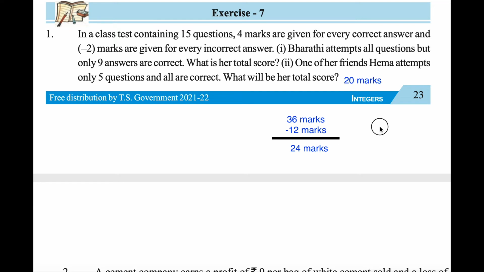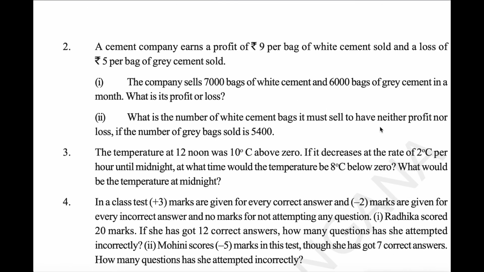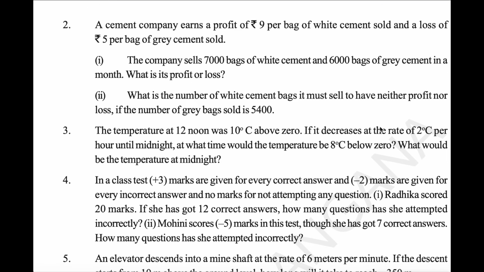Okay, right. The cement company earns a profit of 9 rupees per bag of white cement sold and a loss of 5 rupees per bag of grey cement sold. Okay, you got the point? The company sells 7,000 bags of white cement and 6,000 bags of grey cement in a month.